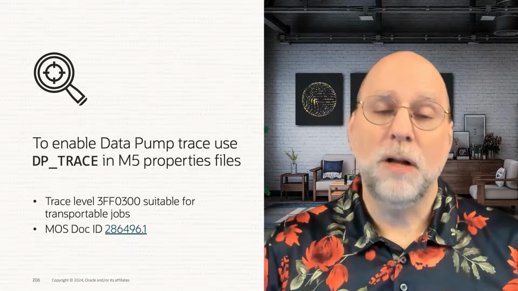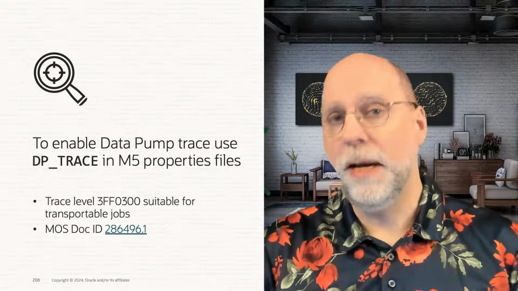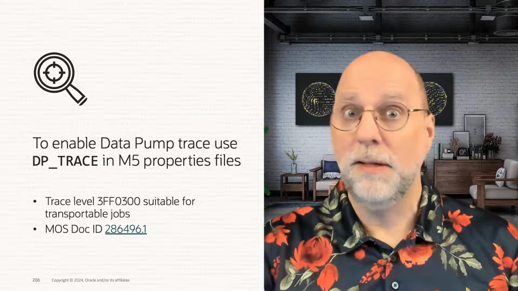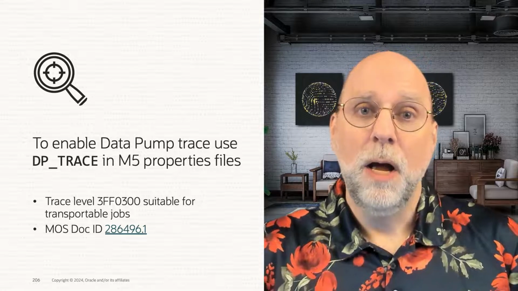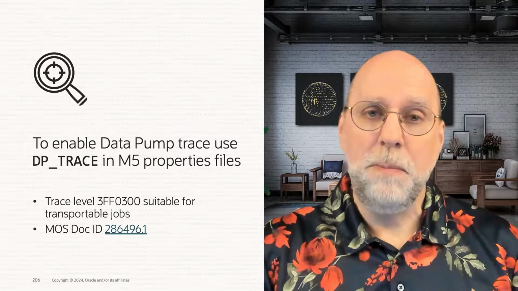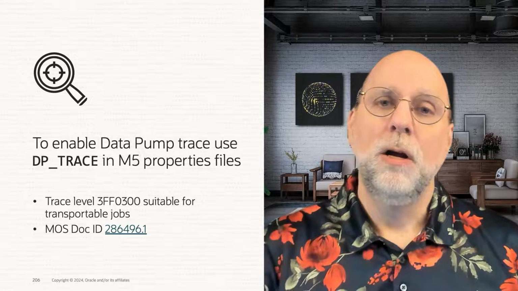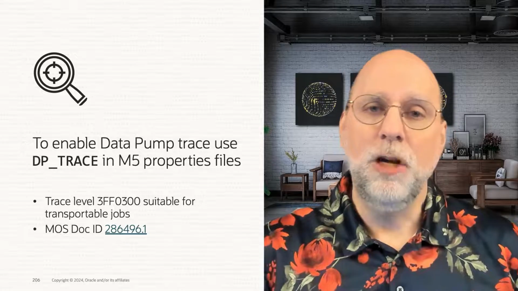Data Pump has a lot of different aspects to its tracing, whether you're tracing the worker, the metadata, the control process, extensibility, and in this case, the transportable or pluggable tablespace aspect to it. So you don't need to know all of the bit masks that are available and what they mean. Just know that if you enable the Data Pump tracing with the M5 script, it'll do the right thing for the process that you are following.